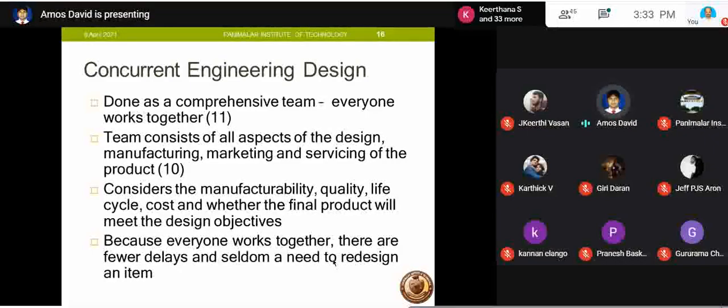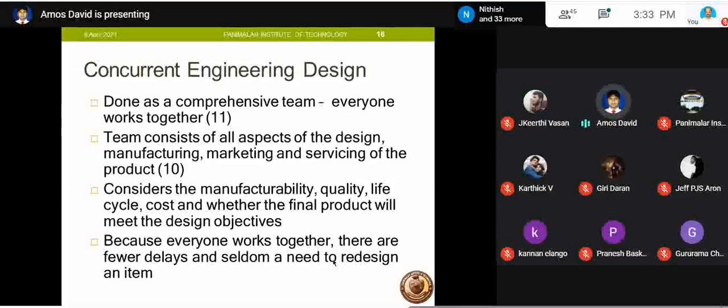Okay. So when everybody is involved, the time it takes to make a product reduces drastically. In concurrent engineering, if it takes, let's say, 4 or 5 years for a product to come to the market, it can come in just 2 years. This is the current scenario in all the manufacturing plants, right?